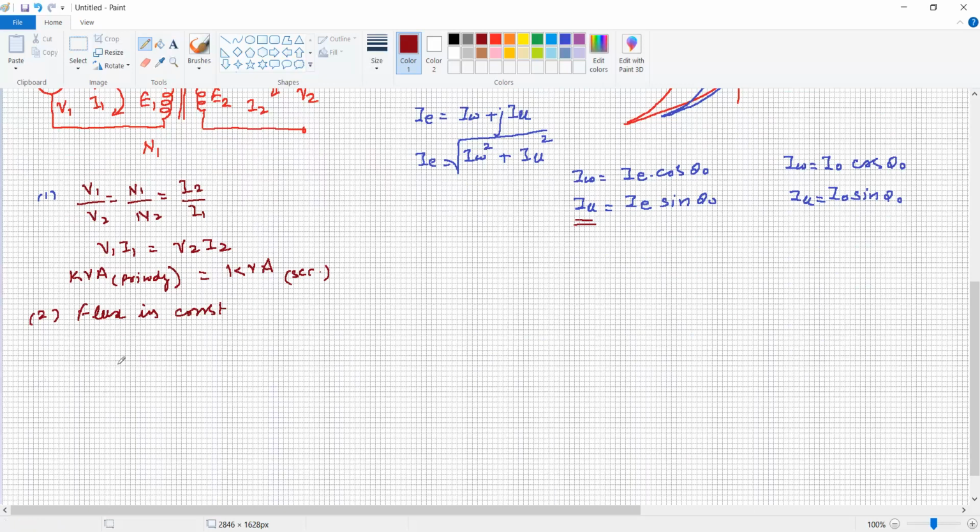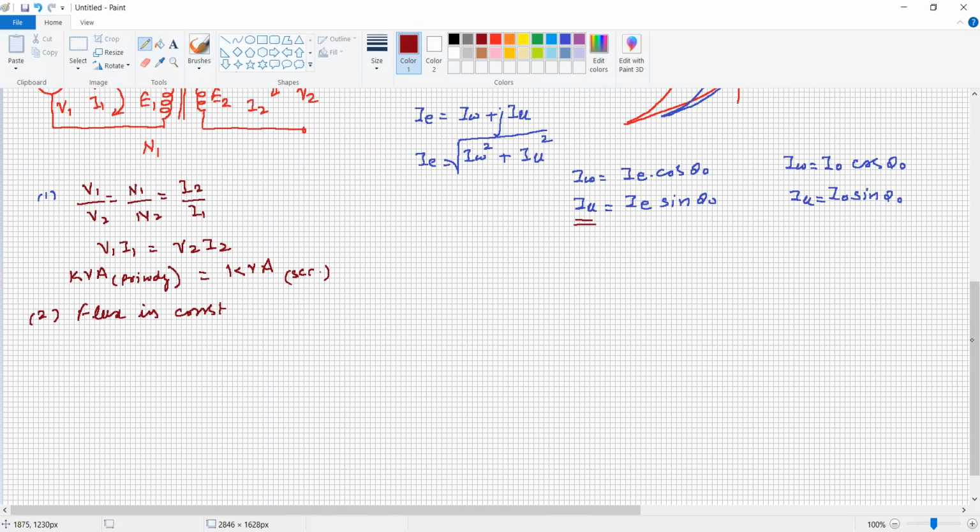Third point, in the practical case, the winding has some resistance, iron losses are there, and all the fluxes are not confined to the intended magnetic path. There is some leakage magnetic flux. Hence, there is a leakage reactance in the primary winding as well as in the secondary winding, along with resistance in both windings.